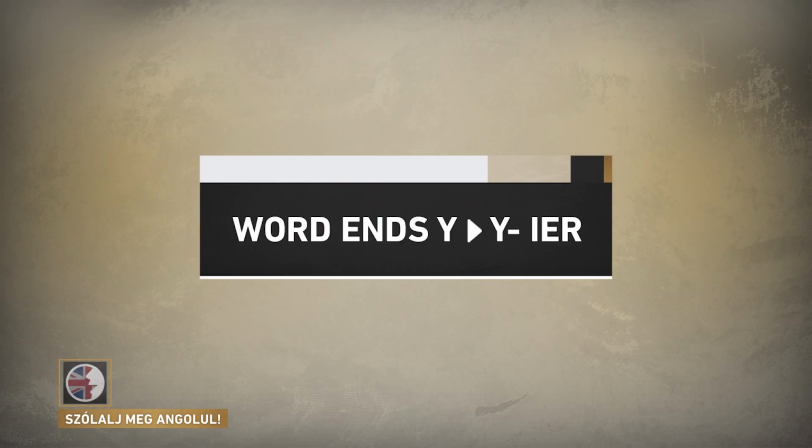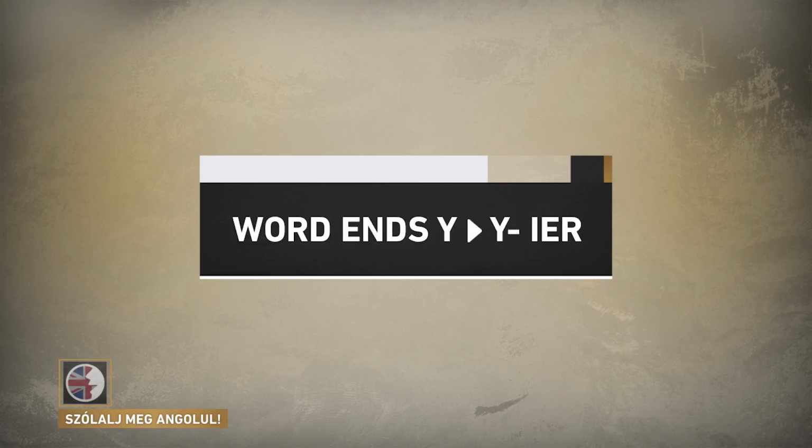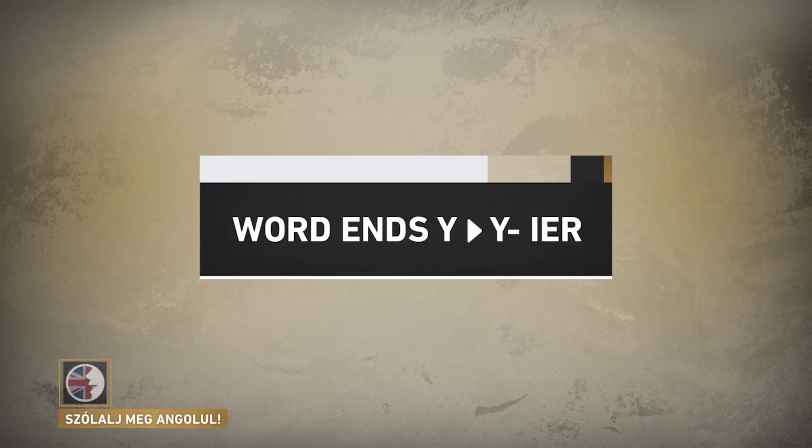Great. And what about that other group? Which group, Gav? The group of words that ends in Y. Oh, that group. Yes, that group. So, what happens to an adjective which ends in Y? How do we change the adjective to make the comparative form?